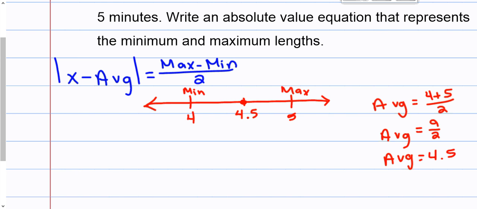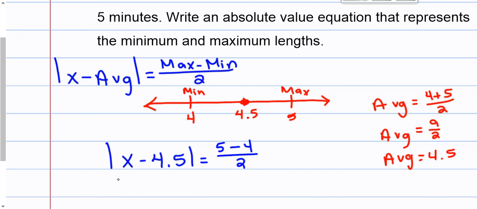Okay? So when I write my equation, I have the absolute value of x minus that average, which is 4.5, and that's equal to, now I need the maximum minus the minimum divided by 2. So my maximum is 5 minus my minimum is 4, and I'm dividing by 2.